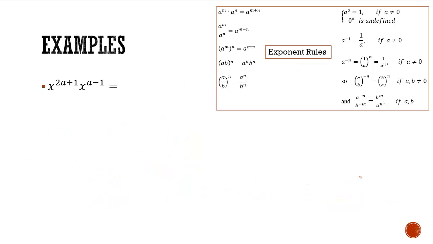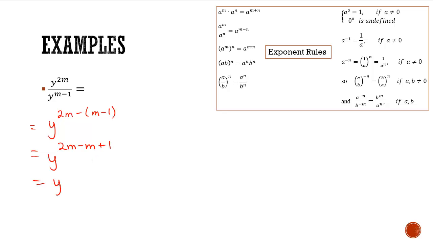Okay. This next one here, we're going to use the product rule, so that's x to the 2a plus 1 plus a minus 1. And here you're just collecting like terms, that's 3a, and 1 minus 1 is gone. So x to the power of 3a. Similarly here, you could have y to the 2m minus m minus 1, which gives us y to the 2m minus m plus 1, which gives us m plus 1.